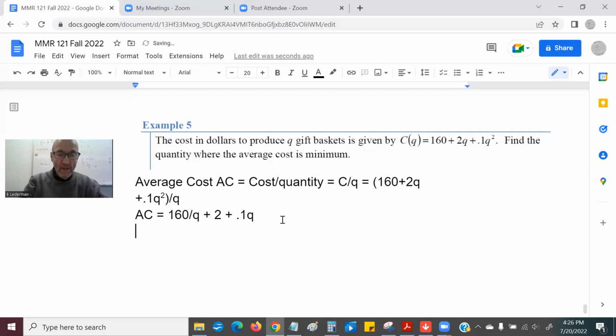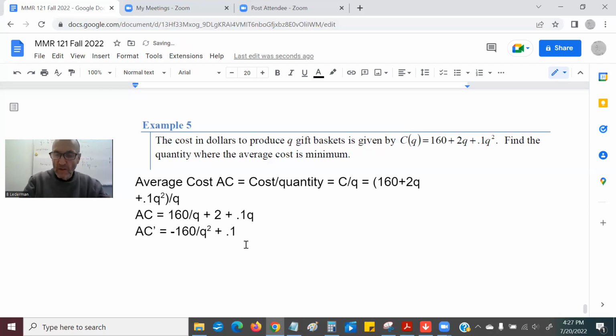So AC prime is going to equal, well, the derivative of 160 over Q is negative 160 over Q squared. The derivative of 2 just disappears, and the derivative of 0.1 Q is just 0.1.